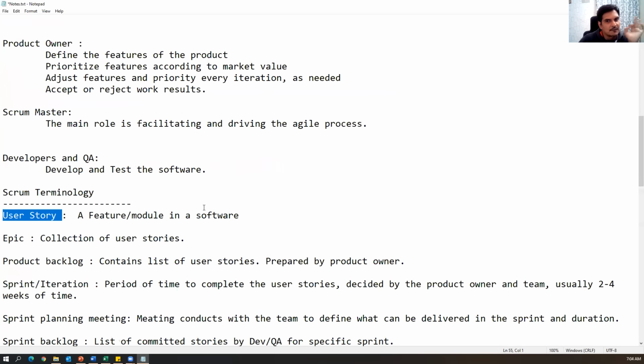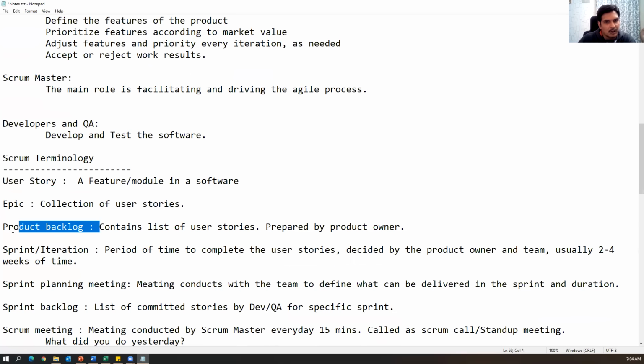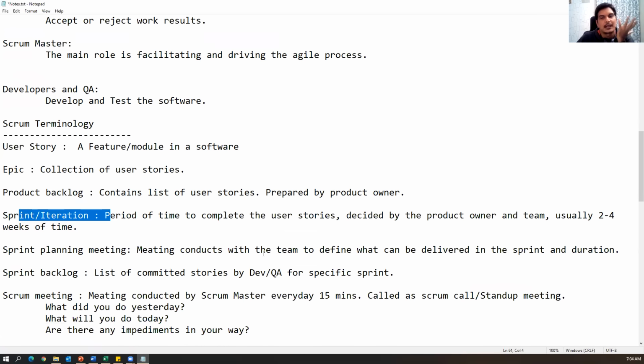User story is a feature or module in a software. Epic is a collection of user stories. A story represents the functionality. So from now onwards in Agile, we don't say functionality. We don't have an FRS document. We have only stories. A product backlog contains a list of user stories prepared by the product owner. Sprint or iteration means a period of time to complete the user stories.